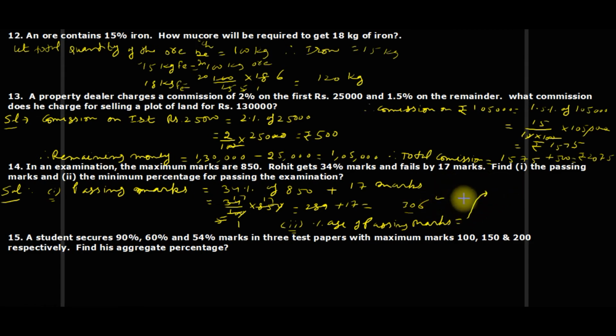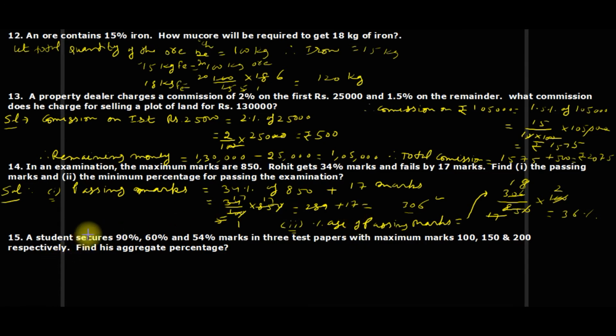So total passing marks are 306, total marks are 850. For percentage we will multiply by 100, 0 5 17 ja 5 2 ja 17 1 ja 17, 136, remaining 17 8 ja. So 36% marks are required to pass the examination.